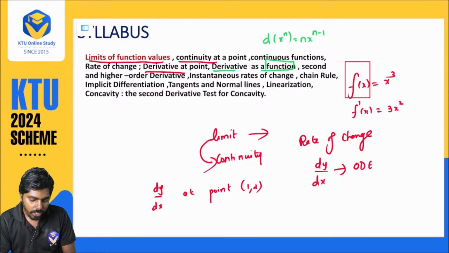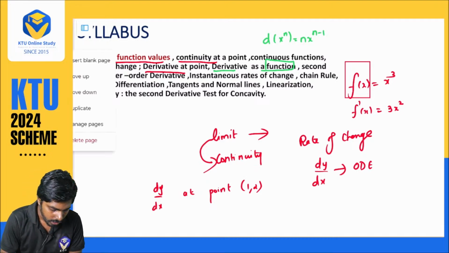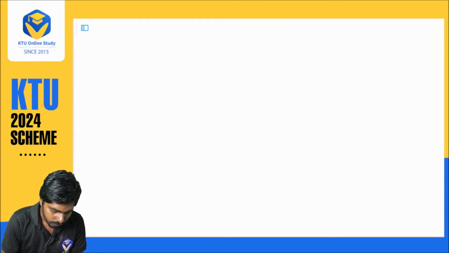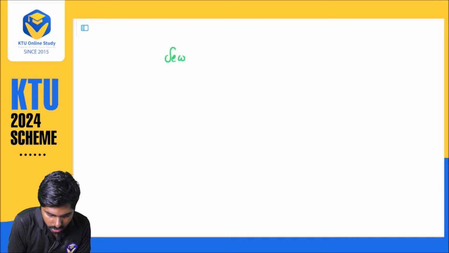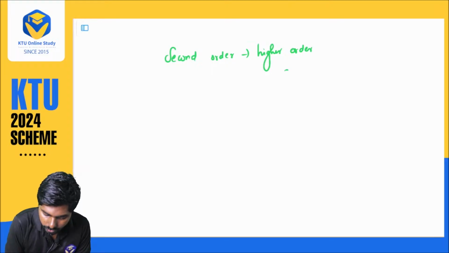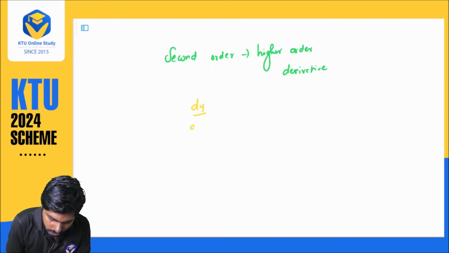Now second order and higher order derivative. Higher order derivative means, we know dy by dx.